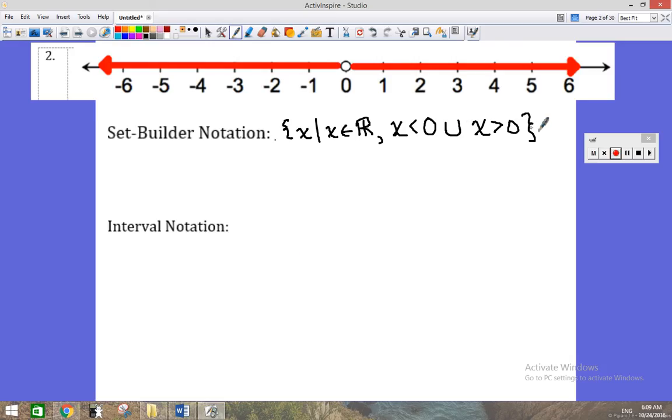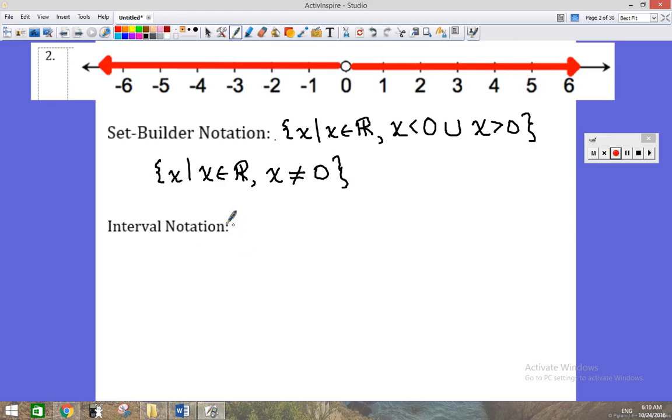Now, there is another acceptable answer that many people put on the set builder notation. It's the set of all x such that x is an element of the set of all real numbers and x is not equal to 0. Now, that is acceptable.